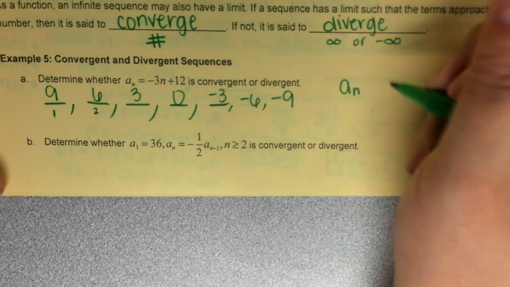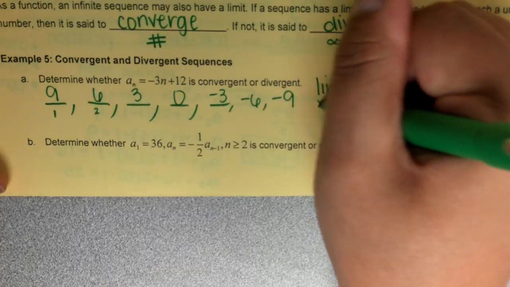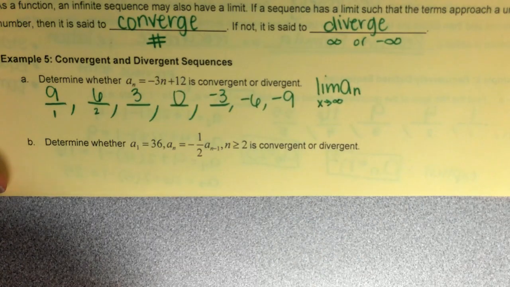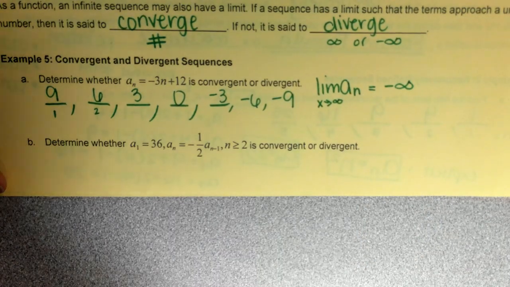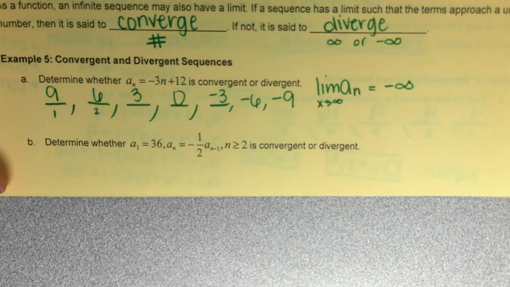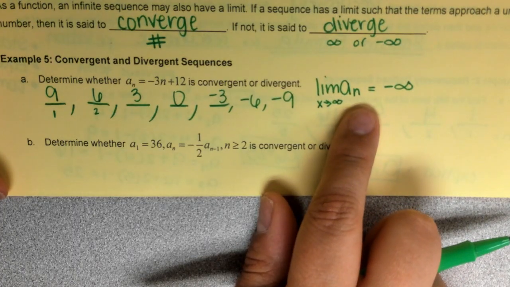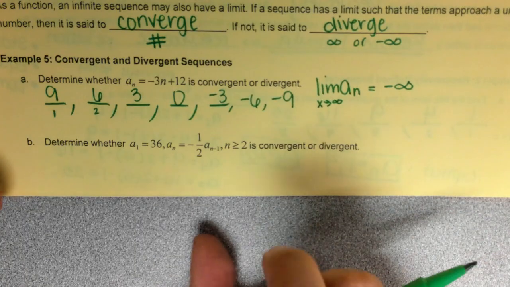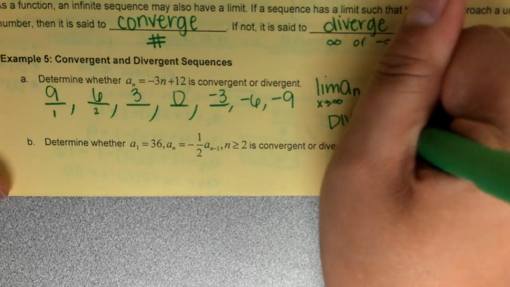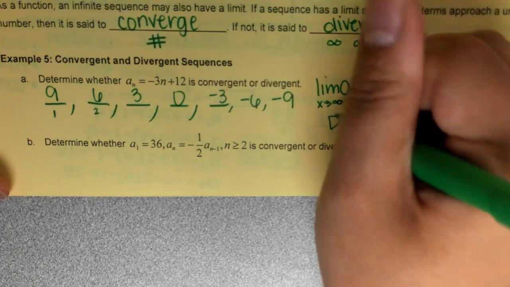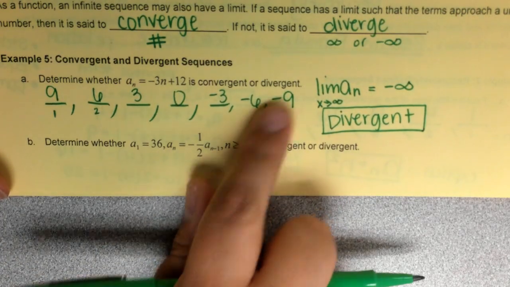So the limit of A of n as n approaches infinity is negative infinity, because it's just going to keep going minus 3, minus 3, minus 3 every time. So instead of writing f of x, we're just writing A of n. If it goes to negative infinity, does it converge or diverge? This diverges. Or this is divergent. You can write it either way. You can just circle it if you want.